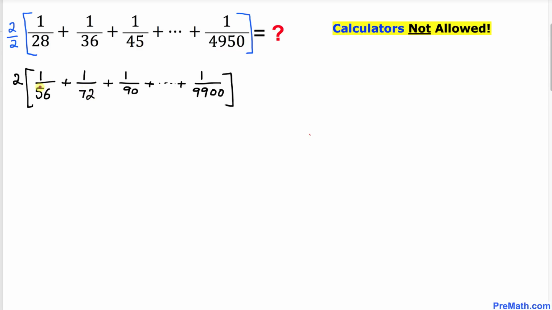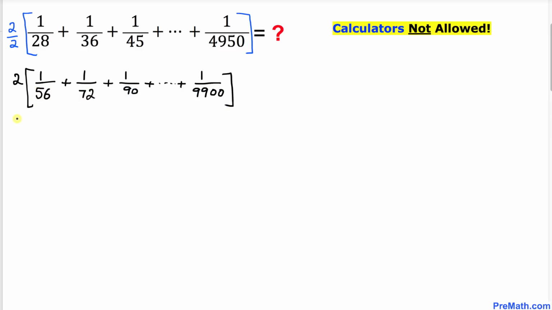And now let's focus on these denominators. 56 could be written as 7 times 8. 72 could be written as 8 times 9. 90 could be written as 9 times 10. And likewise, 9900 could be written as 99 times 100.